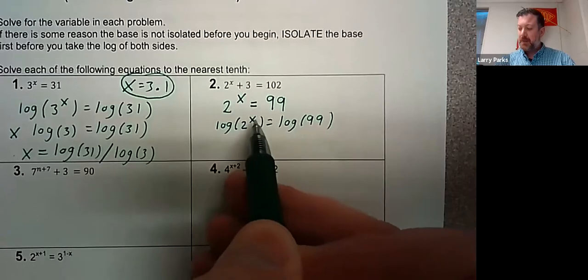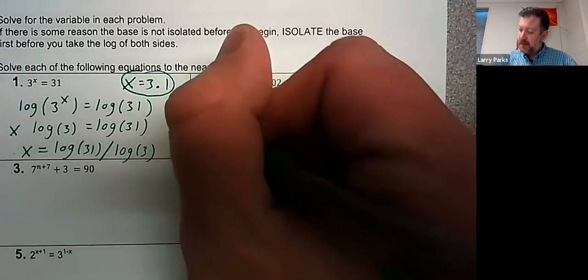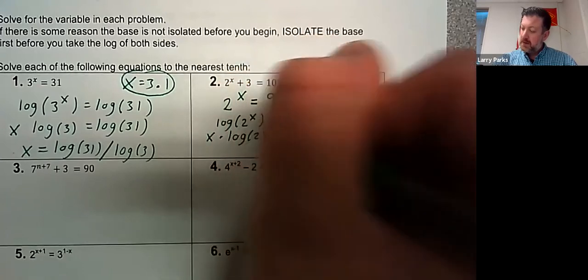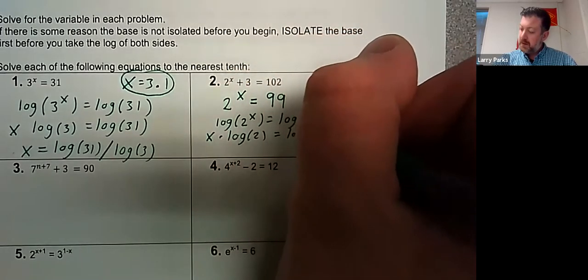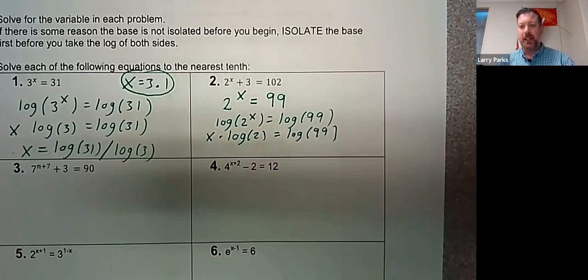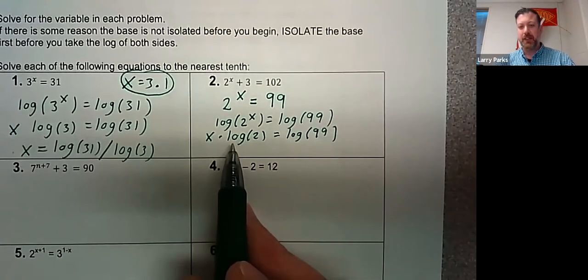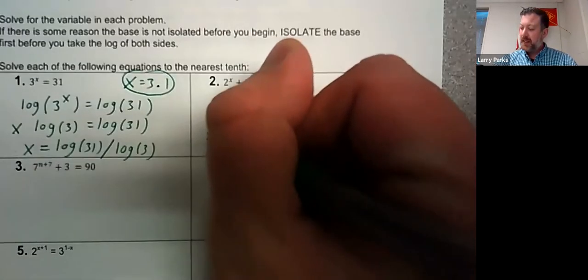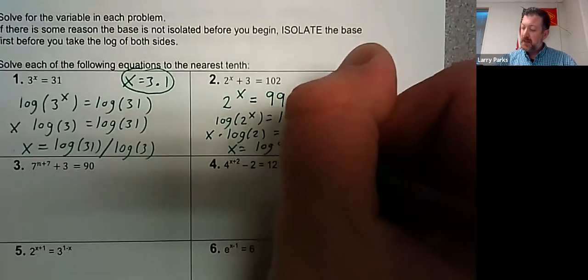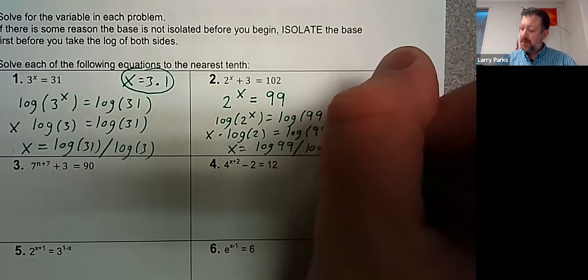Doing that, the exponent can come down. And then to solve for x, I need to get rid of log of 2. It's times log 2, so I divide by log 2. So I get x equals log of 99 divided by log of 2.